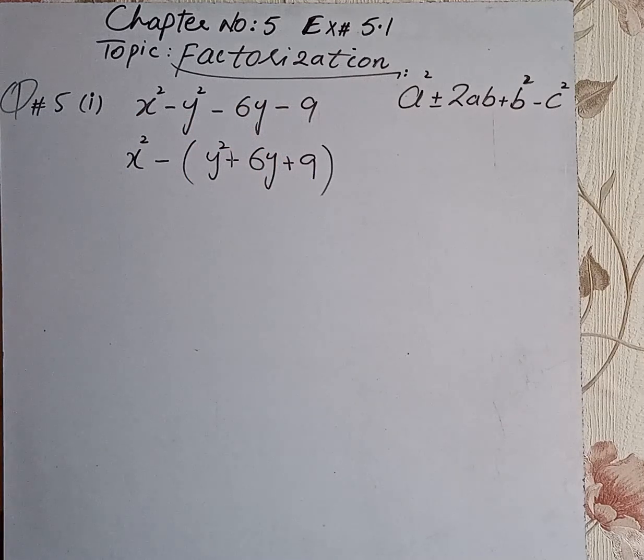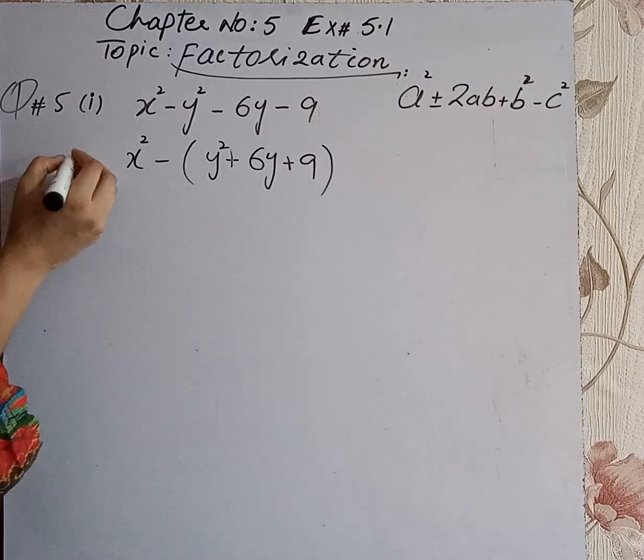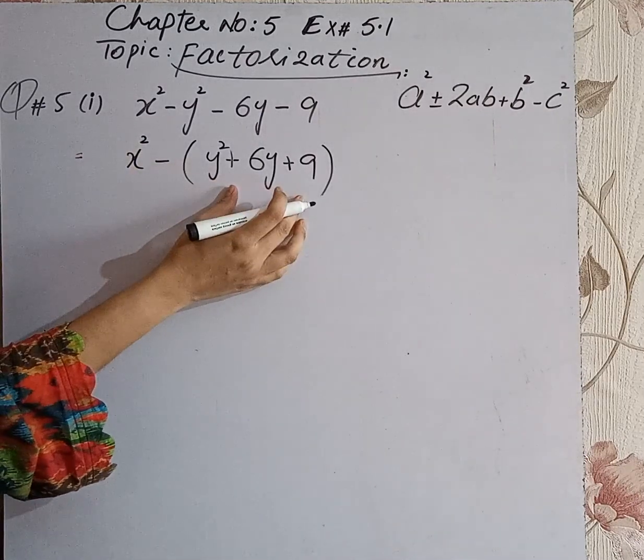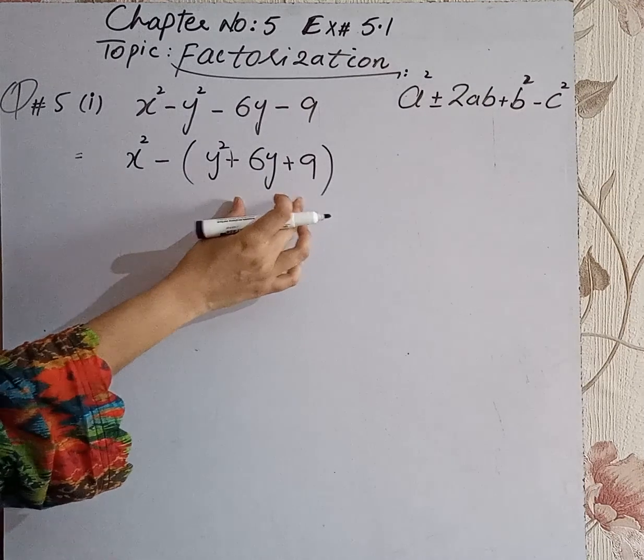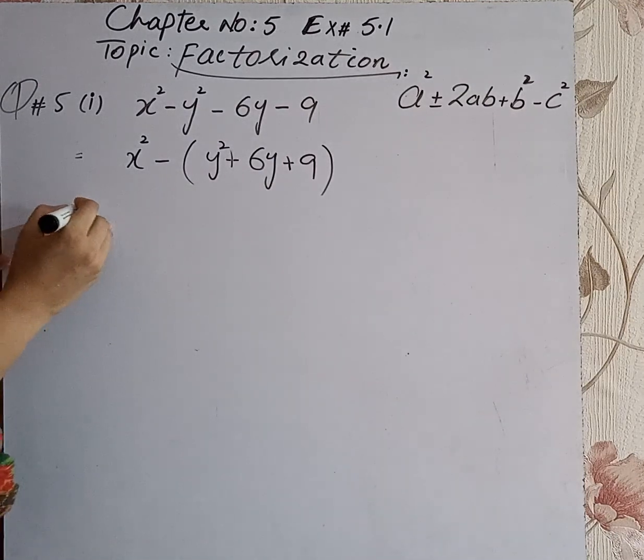Now from this expression we can judge that this type of factorization we have done before, the third type of factorization, that was having three terms, that we will use here.